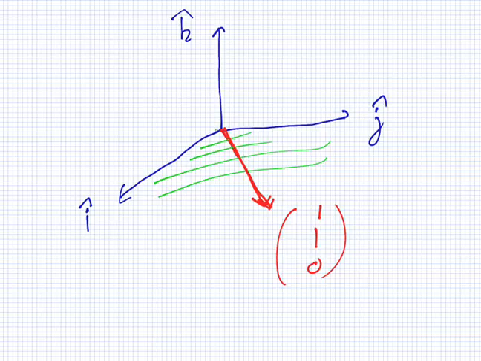Now, let's put another vector, and this will be very difficult for me to draw, but it is right above the red vector. And it's 1i, 1j, and 1k.